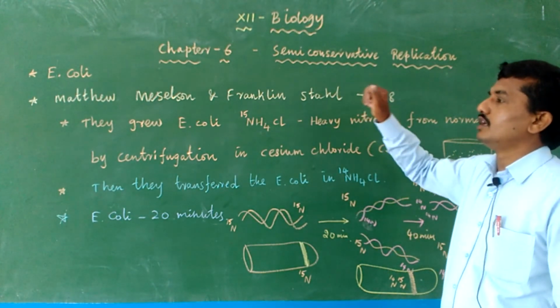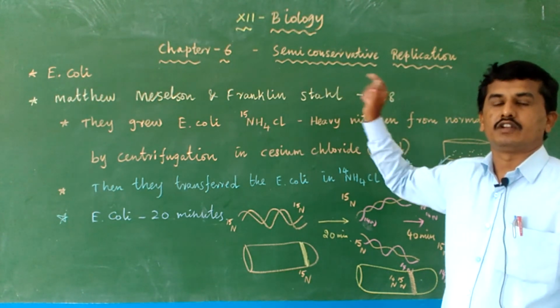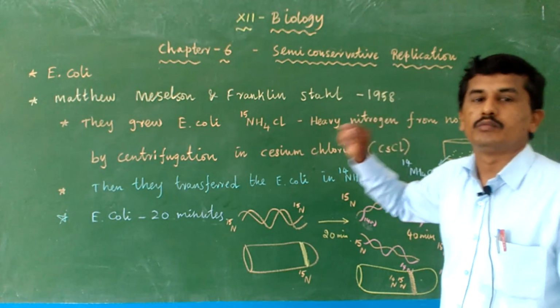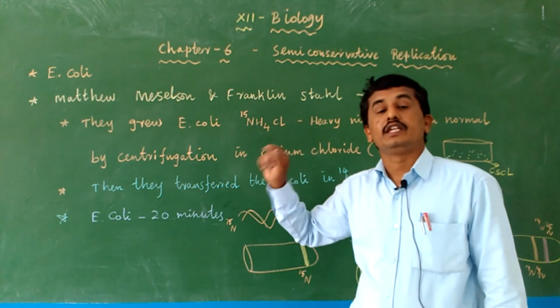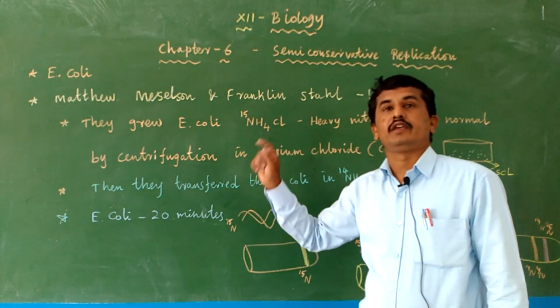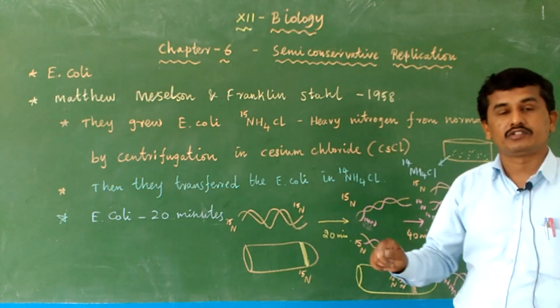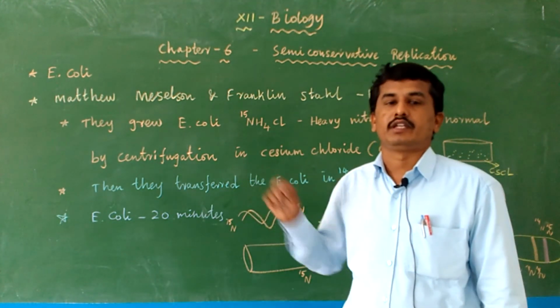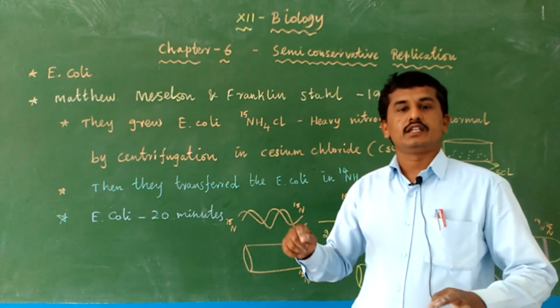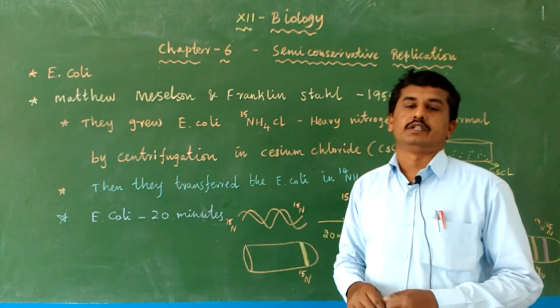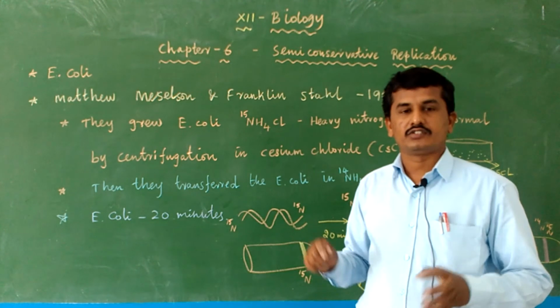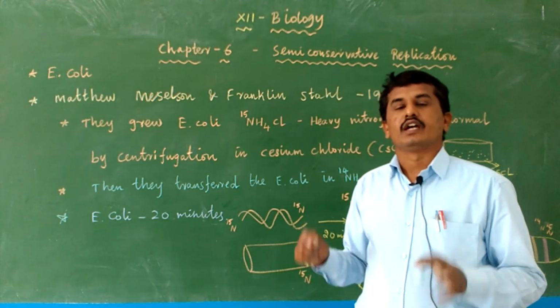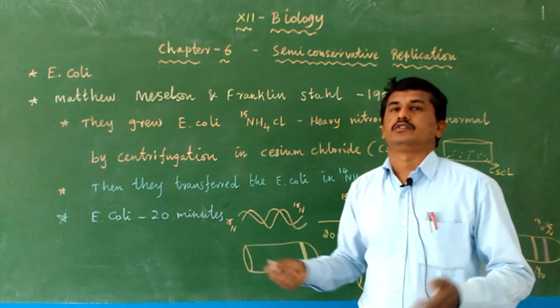The experiment is about the semi-conservative method of replication. How do you prove DNA replicates semi-conservatively? How did Meselson and Stahl prove DNA replicates semi-conservatively? Explain the Meselson and Stahl experiment. Meselson and Stahl proved that DNA replicates semi-conservatively.